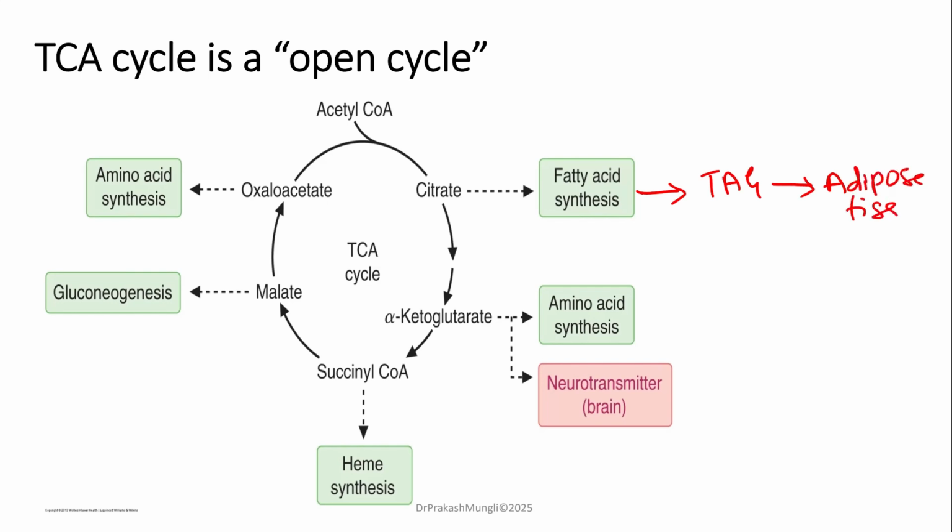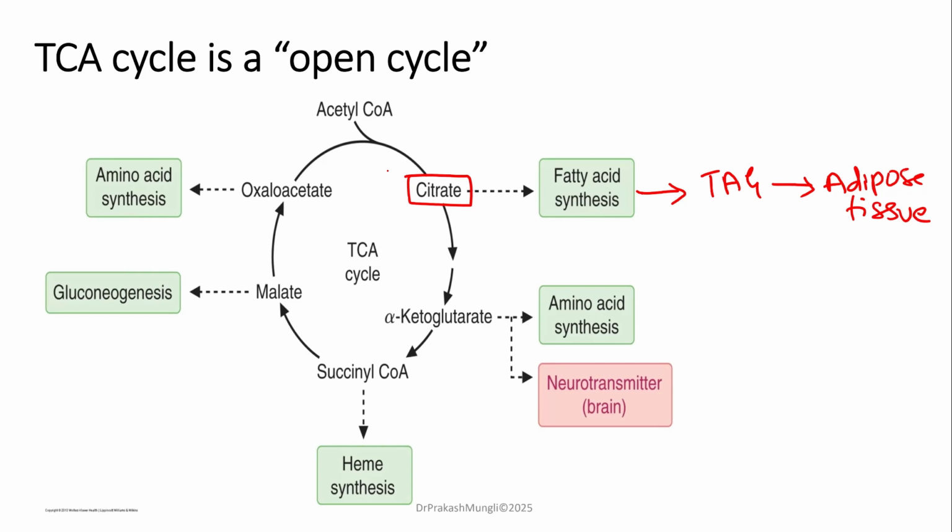And that's how it contributes to adipose tissue mass. Okay, that is how citrate is being pulled out of the TCA cycle. So mark that: citrate, fatty acid, triglycerides, adipose tissue.